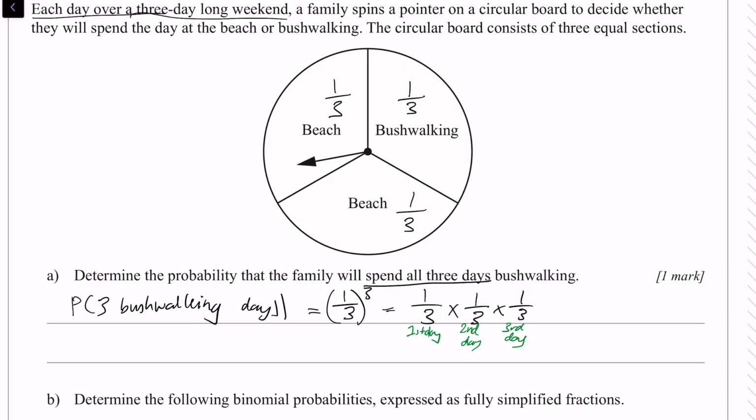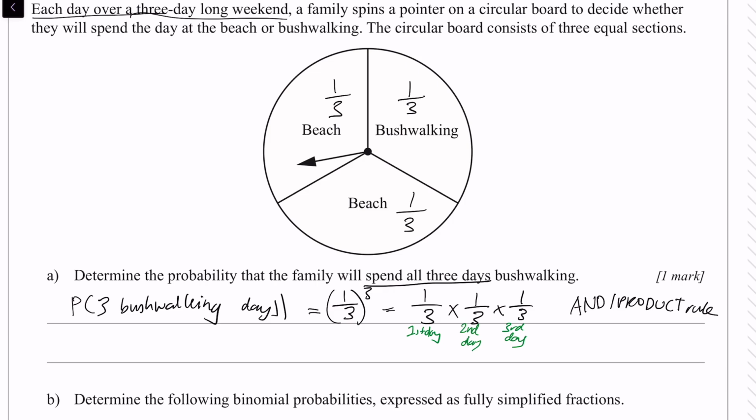And because all of these are happening simultaneously, as in the outcome is that we are spending all 3 days bushwalking, there's no or function or anything like that, then this is the and, or the product rule, being applied here.